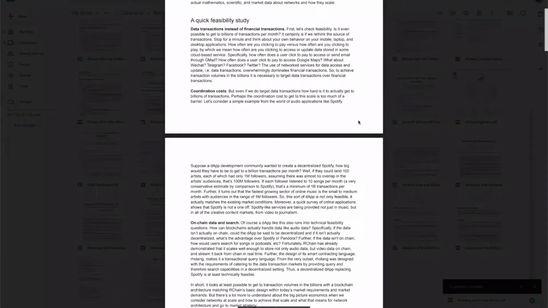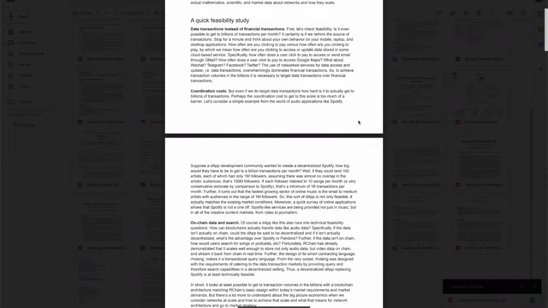You've all heard me say this before, but it bears repeating, especially for many people in the blockchain space. If you look at your own behavior with your own computing devices, whether it's your mobile devices, your laptop, or your desktop, the question to ask yourself is: how often are you clicking to pay versus how often are you clicking to play? By which I mean, how often are you clicking to access or update data in some cloud-based service?